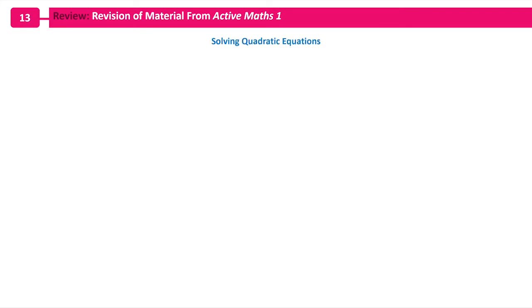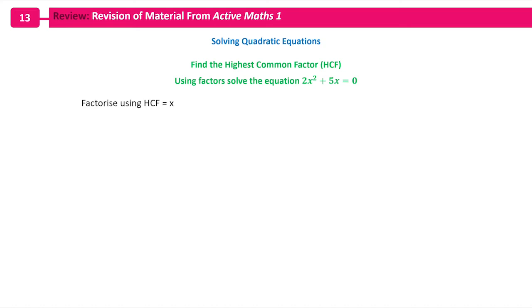Now, we're going to look at solving our quadratic equations using our highest common factor. Take down this example. Solve the equation 2x squared plus 5x equals 0. The first thing we have to do in this case is factorize our expression using our highest common factor.